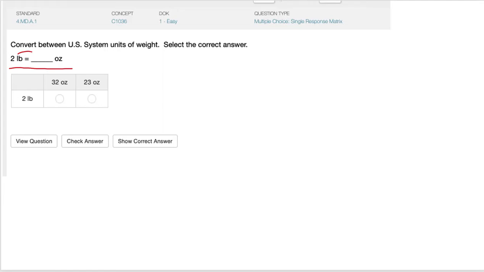Cross them, times. So we're going to multiply 2 pounds times, and then we got to know times what? What's the conversion factor? Well, in your notes or in your head, you will know that there are 16 ounces in each pound. So we're going to multiply by 16 to get 32 ounces.